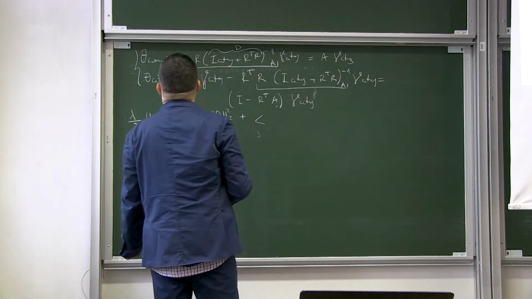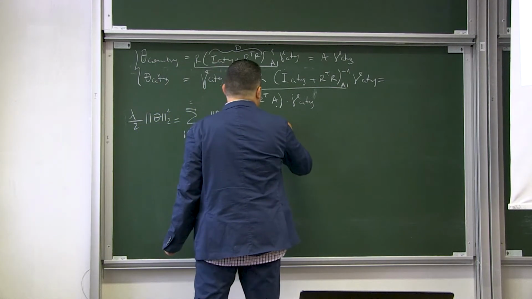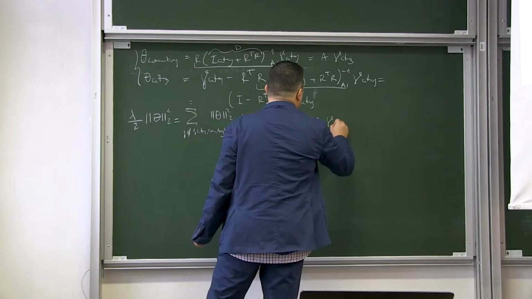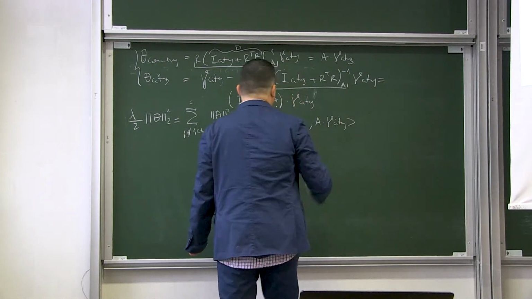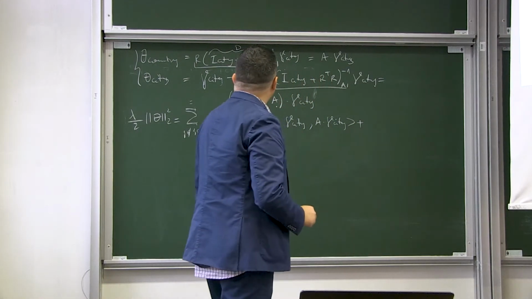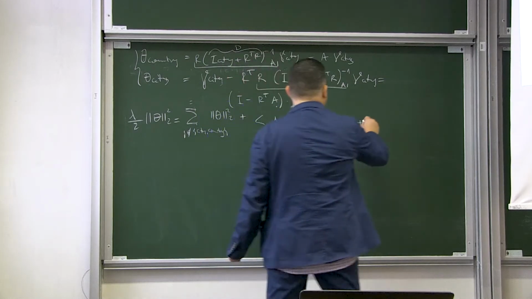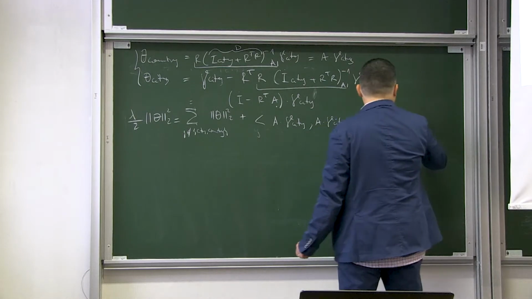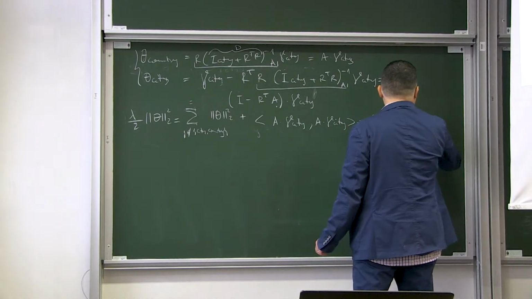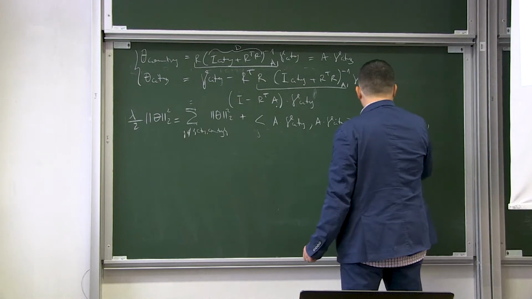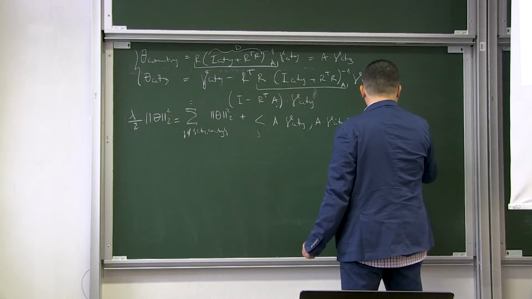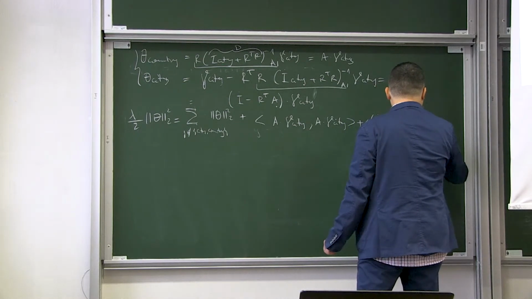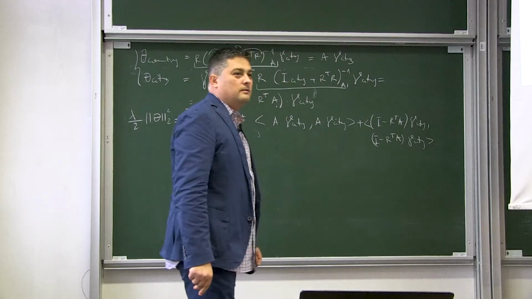So this effectively means I take A gamma ct with A gamma ct. And then I also add to this one here, I minus R transpose A gamma ct with I minus R transpose A gamma ct. Can you read my writing?